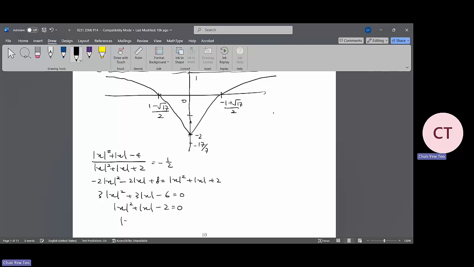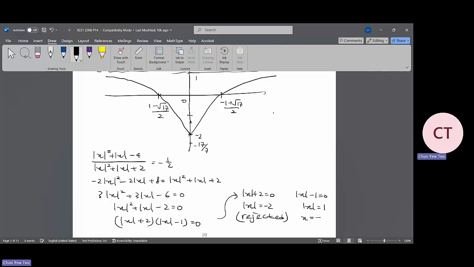Then you can factorize it: modulus x plus 2 and modulus x minus 1. Modulus x plus 2 equal to 0 means modulus x equal to negative 2. You need to reject it because modulus cannot be negative. Then the other one is modulus x minus 1 equal to 0, so modulus x equal to 1.